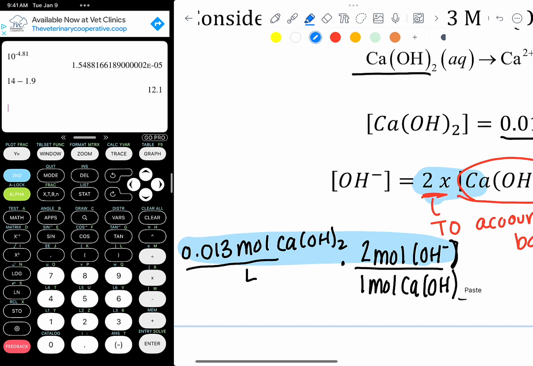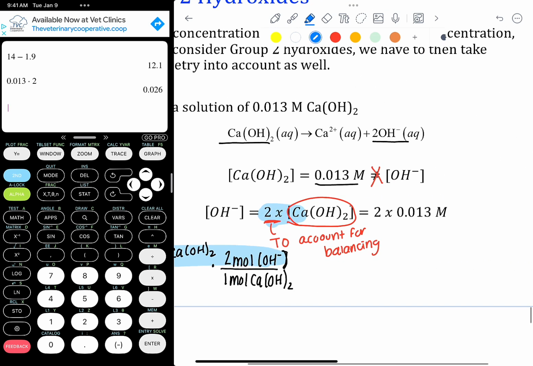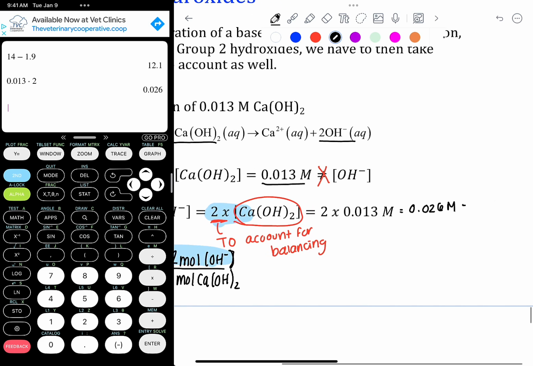So we're going to take 0.013, multiply that by 2, and we get that that concentration is equal to 0.026 molar. And that's the OH minus concentration. We can then use that to find the pOH.